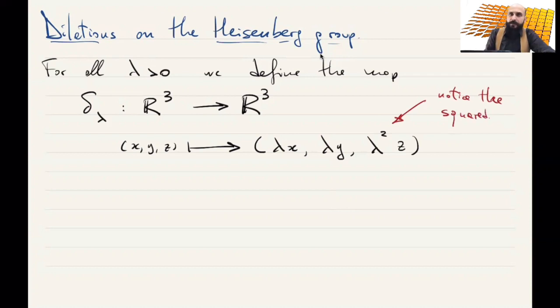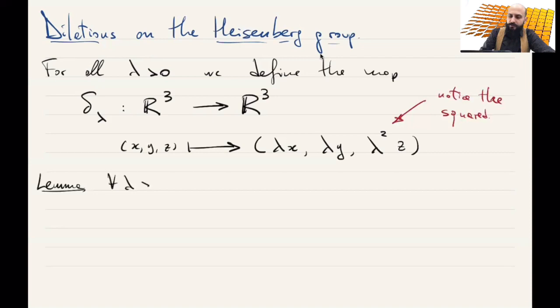Now this map is going to be very important. So let's write as a proposition what the properties of this map are.